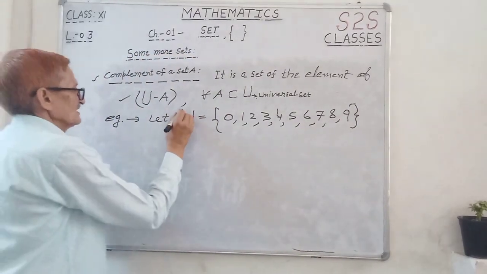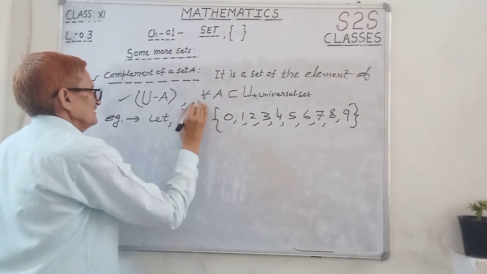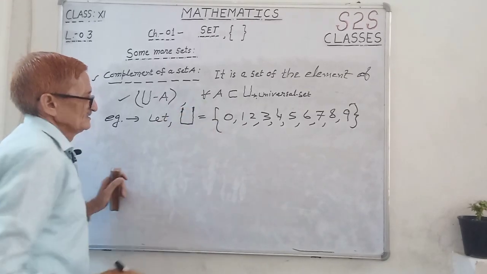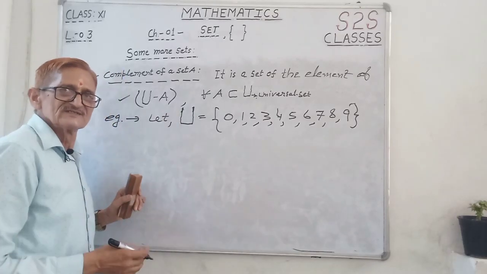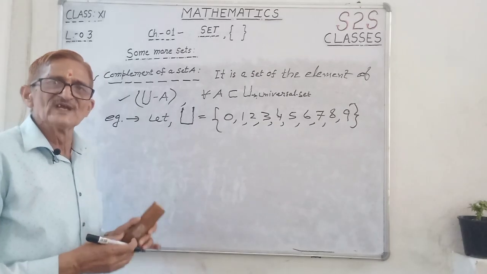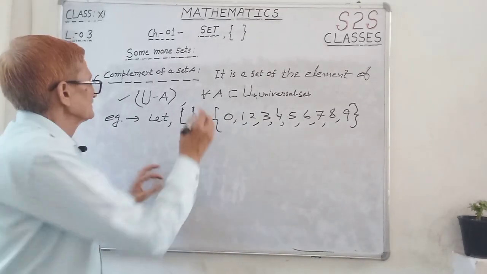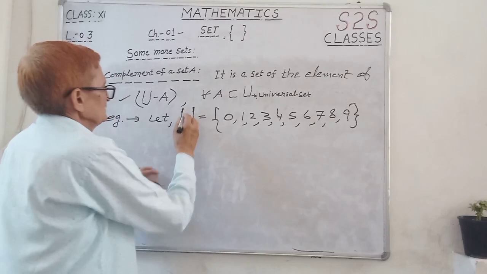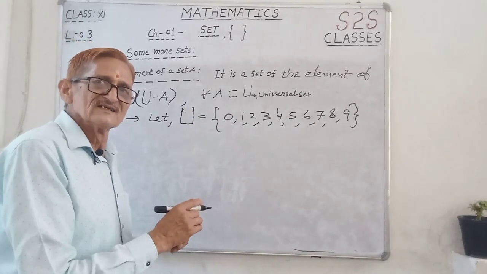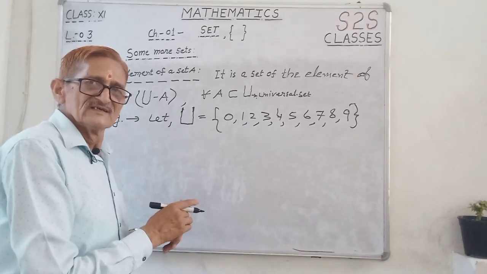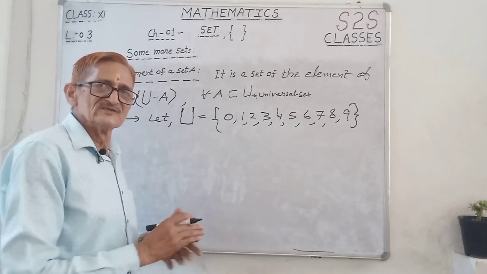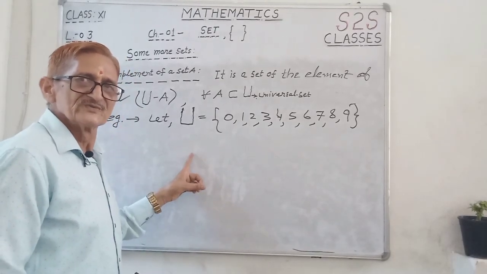Let the universal set be represented by a large, bold U. This is the universal set. It is fixed. It is always the symbol for the universal set. Union is the small symbol, and this is the large size. Always the universal set is represented by this large U.